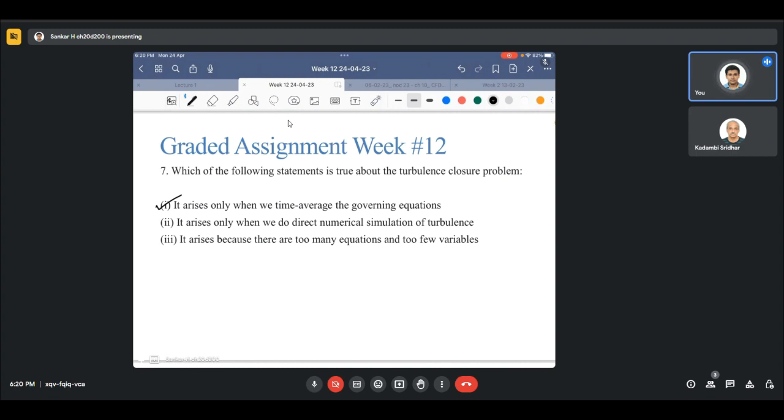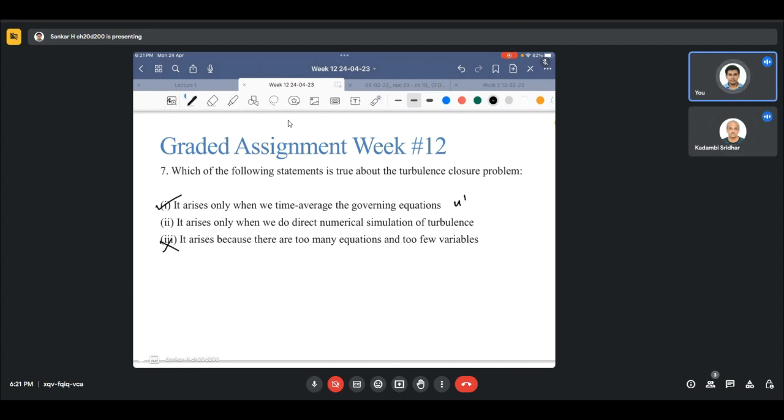The eddy viscosity is given by l_m squared times du bar by dy, and we know that the average velocity will be higher at the center than at the walls because of the no slip condition. So the gradient of that will be higher at the center than at the wall in pipe flow.